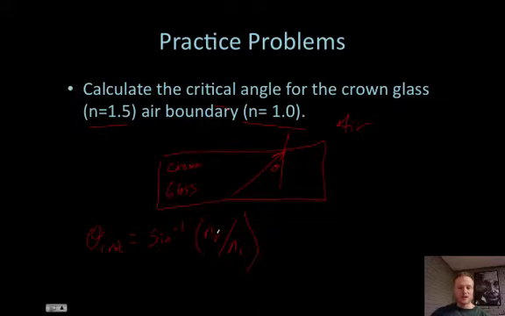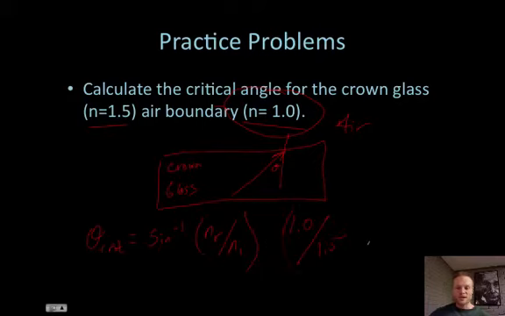So plugging numbers in, we know that n_r is 1.0 because that's the index of the air. That's what it's going into, divided by what the light ray is in right now. Well, it's in the crown glass. What is its n? It's 1.5.